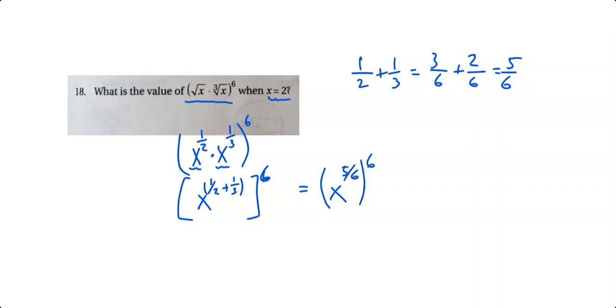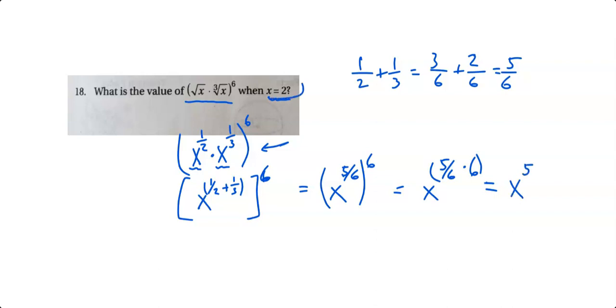And now one of the other rules of exponents is that if we have a power raised to another power, then we multiply. Notice the difference from the part over here where we had a base times a base, and this one is just an exponent raised to another power. So that means we're going to multiply 5/6 times 6, and that's going to equal x to the 5th.